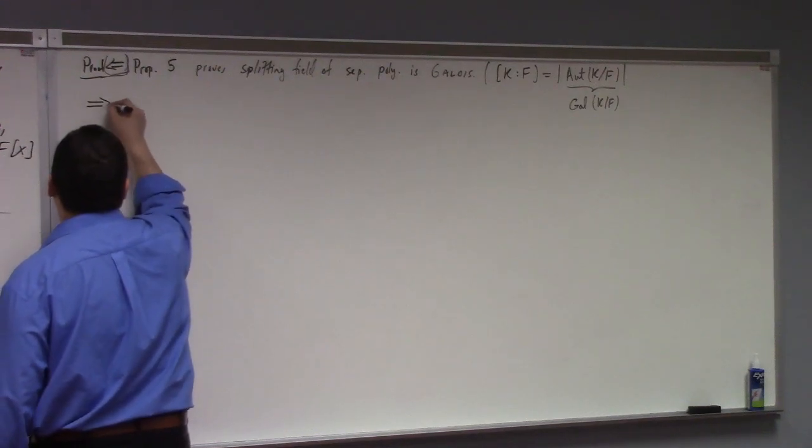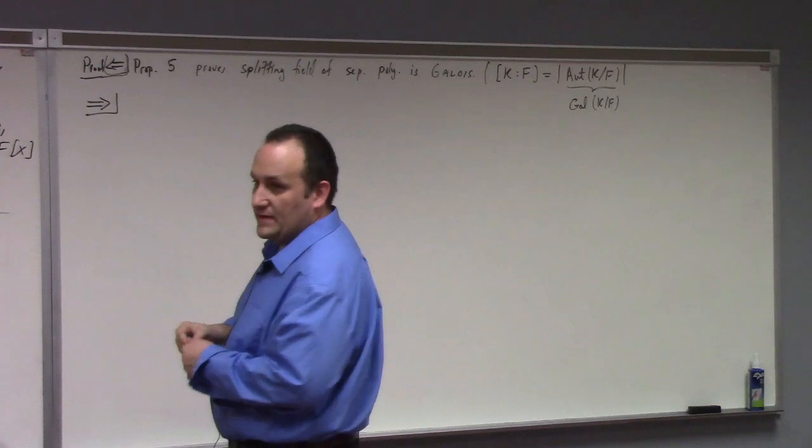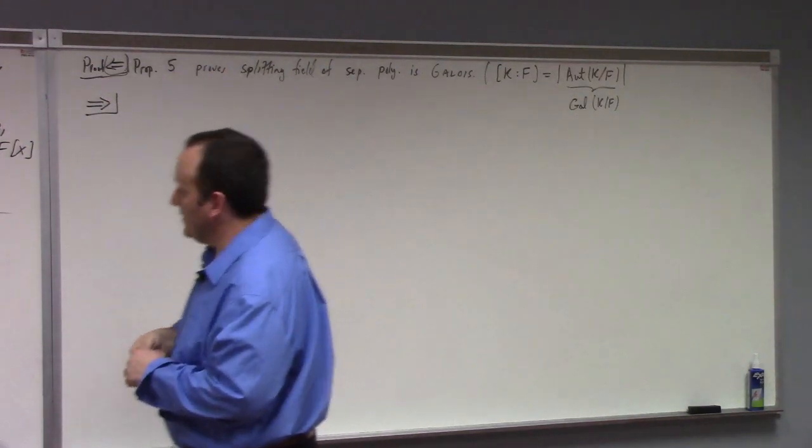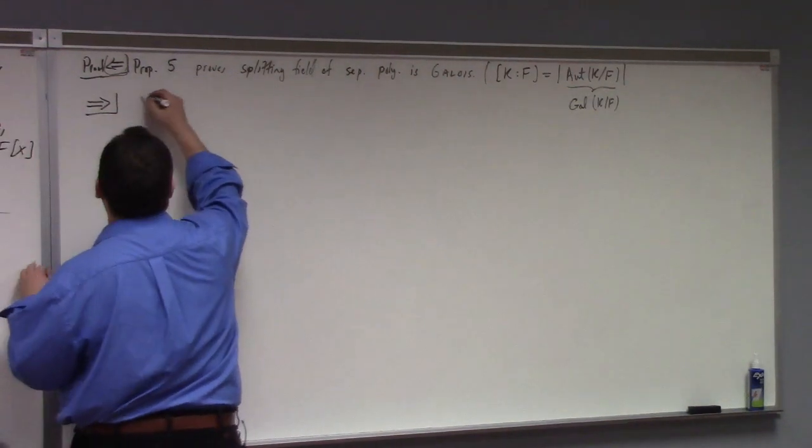All right, other direction. So what are we going to assume? Assume that the extension K over F is Galois, right? And then what do we need to do? Exactly.